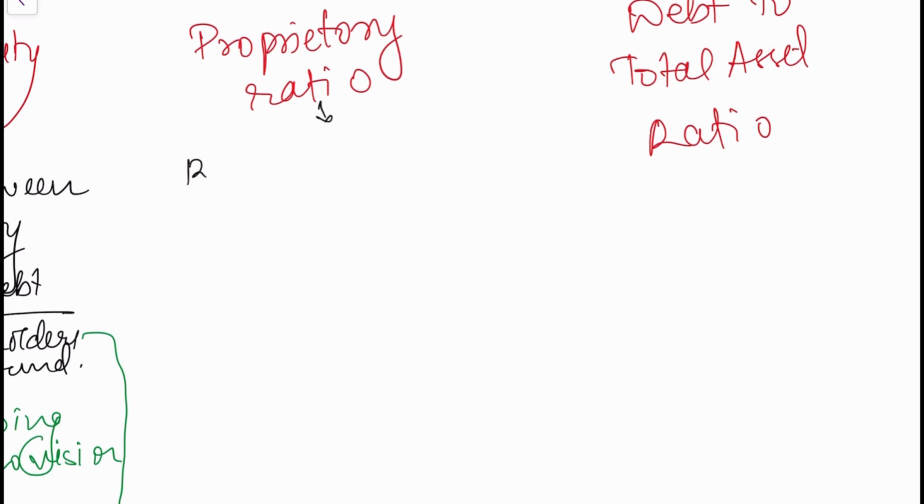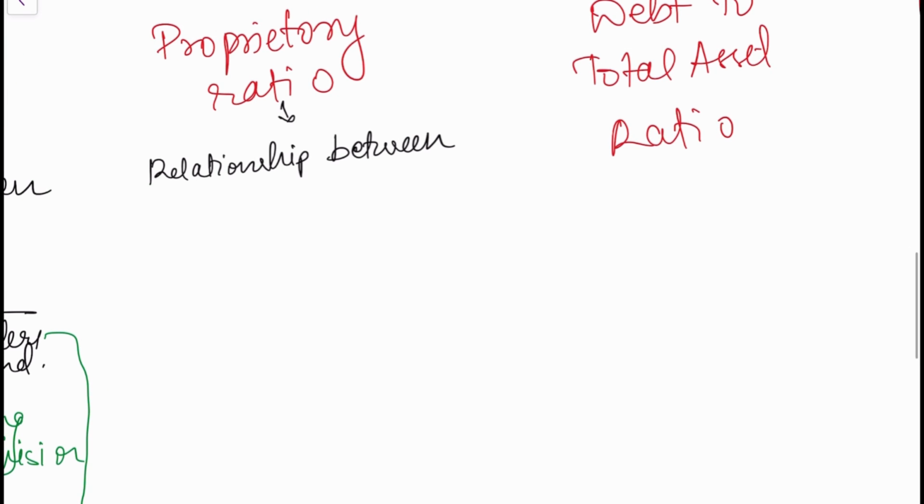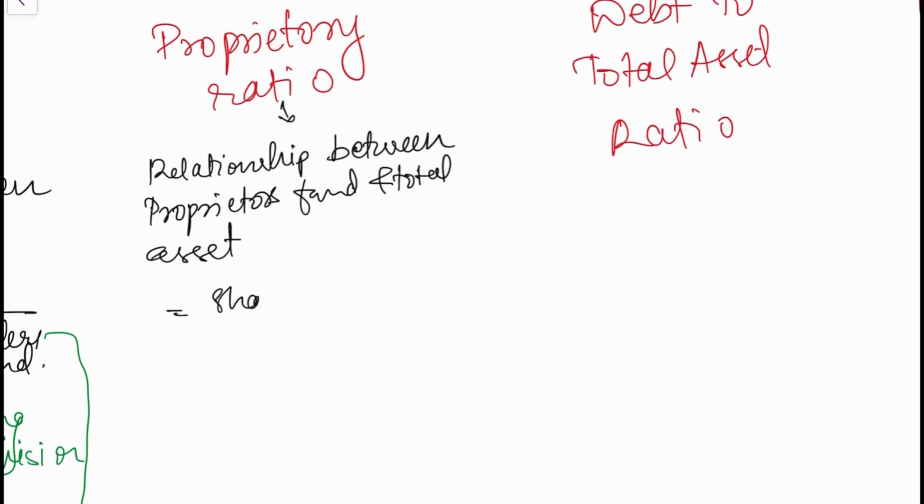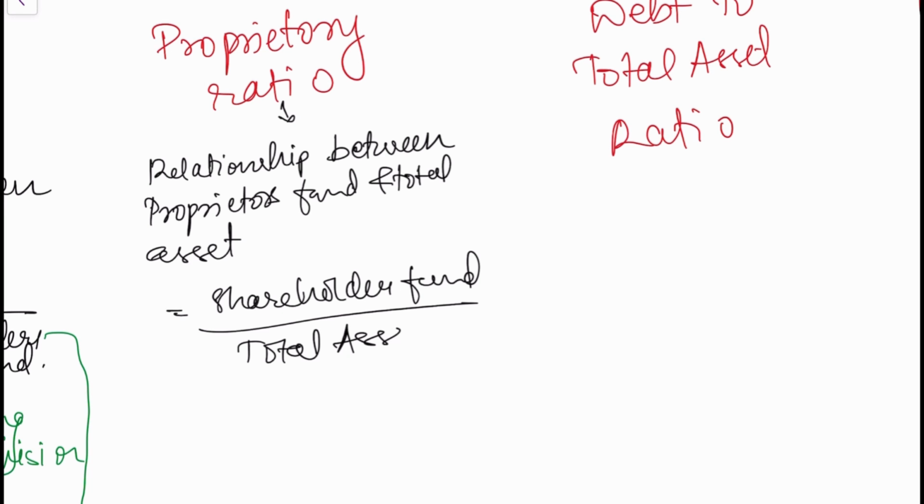Okay, then next move on to proprietary ratio. It shows the relationship between proprietors fund and total asset. Therefore, the formula is shareholders fund or equity divided by total asset.